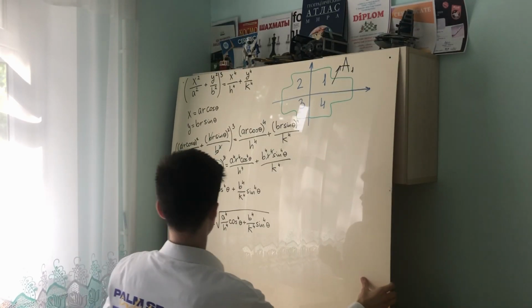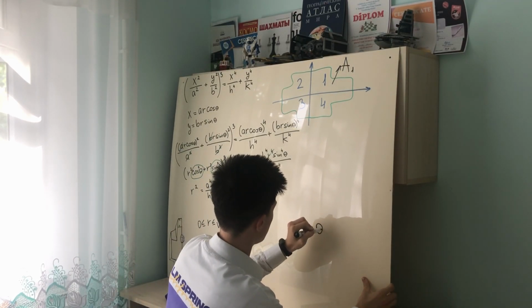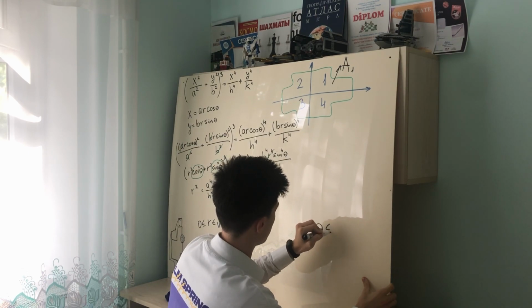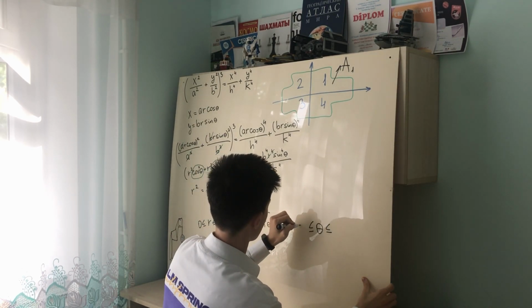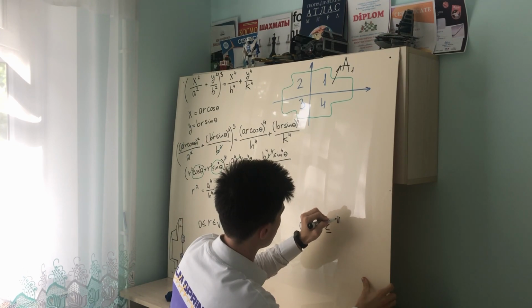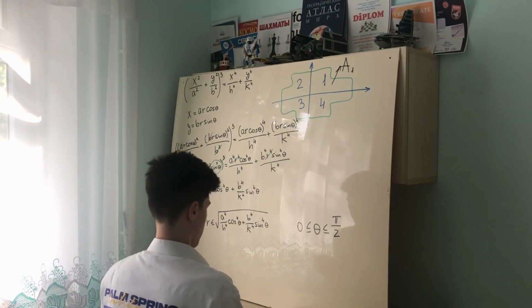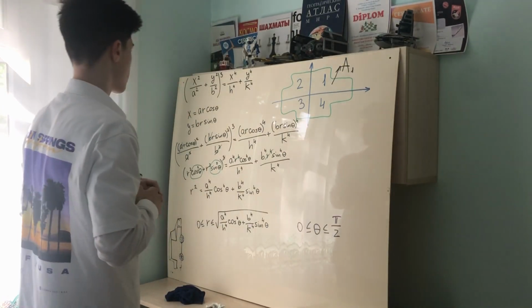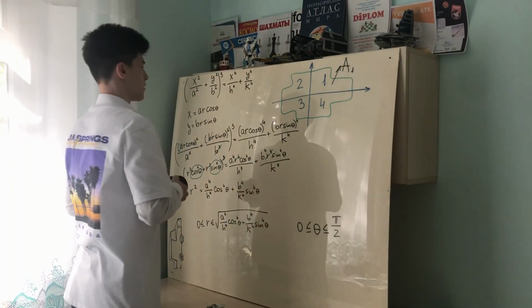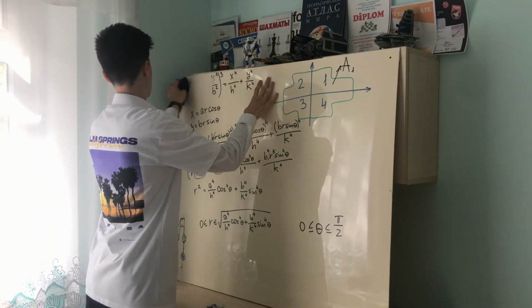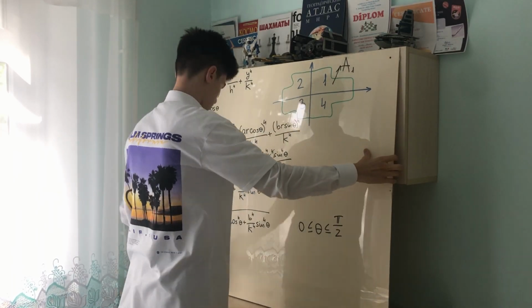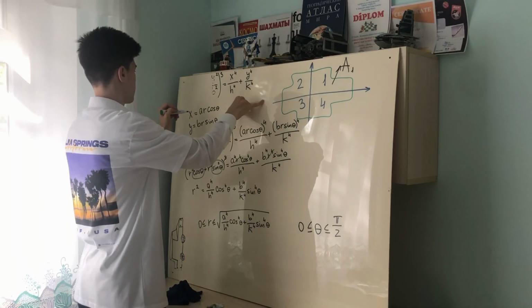And our angle is from 0 to pi over 2. So we can clear this part to free the space. I'll keep this part.